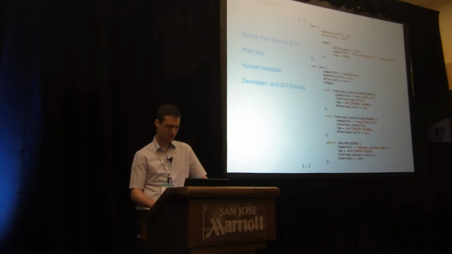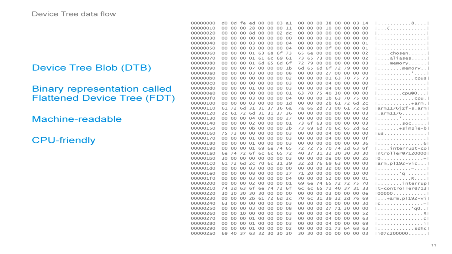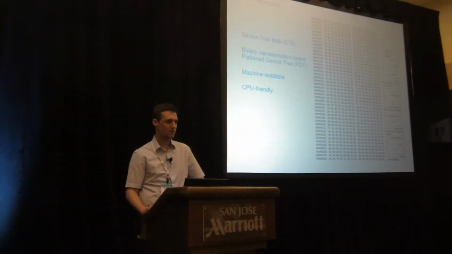computers. And so we have the device tree blob, also known as DTB. It is a binary file stored according to a binary representation called flattened device tree. It is designed to be processed efficiently even by slow processors, so there is no text parsing involved to read data such as property names or property values.